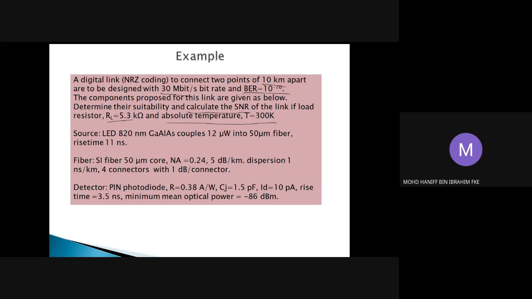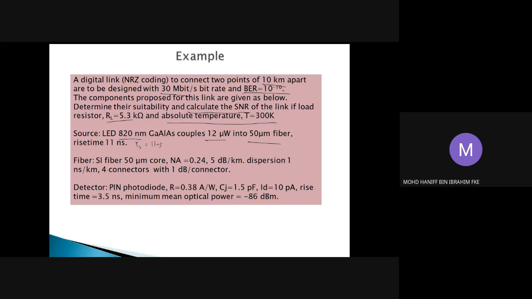Okay, so the component used in our system is the LED source, of wavelength 820 nanometer, gallium aluminum arsenide, which couples a power of 12 microwatt into a 50 micrometer multi-mode fiber. The rise time is 11 nanoseconds, so the T source is 11 nanoseconds.